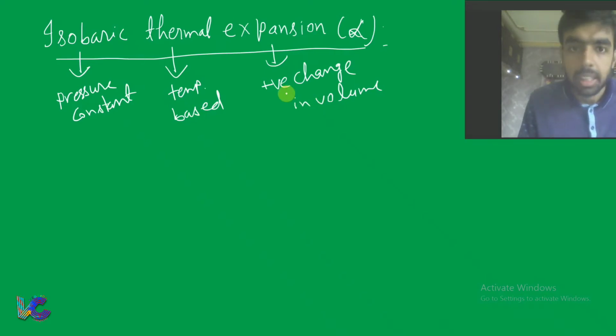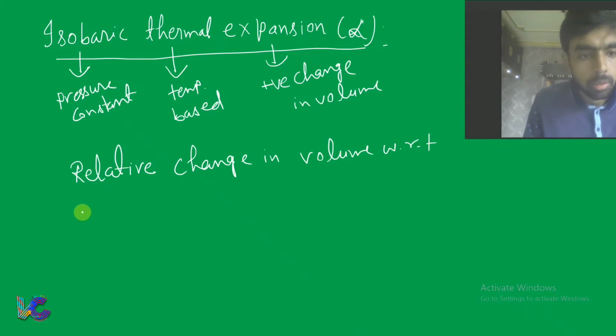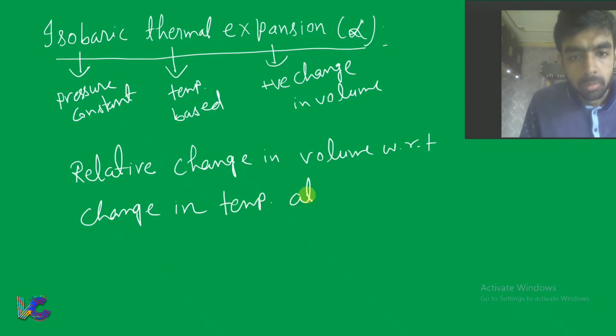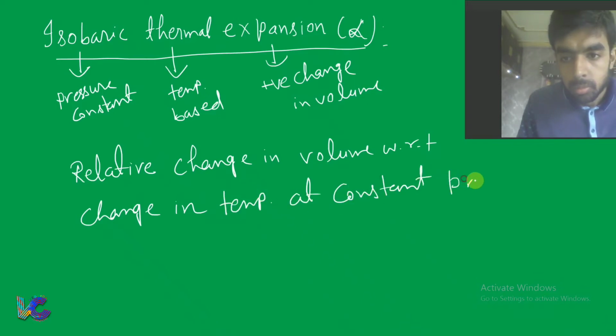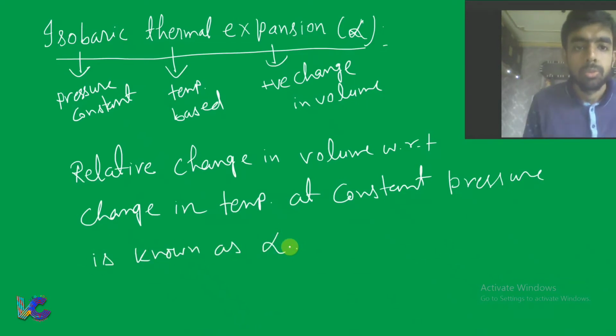That is known as alpha, the isobaric thermal expansion coefficient.